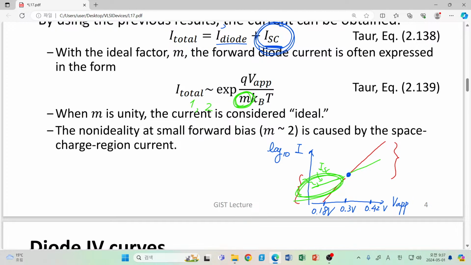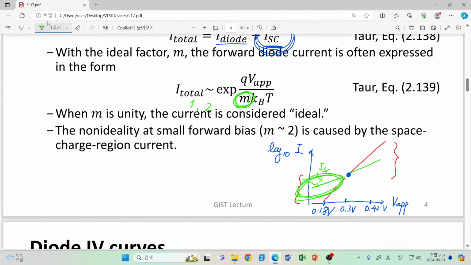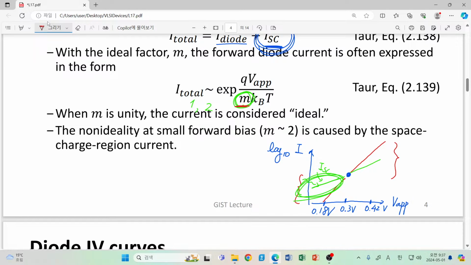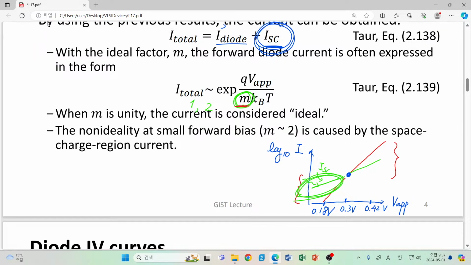Therefore, instead of setting 1 or 2, people introduce a variable number and use it to fit the IV characteristics. Okay, do you have any questions? If you have a question, please let me know.